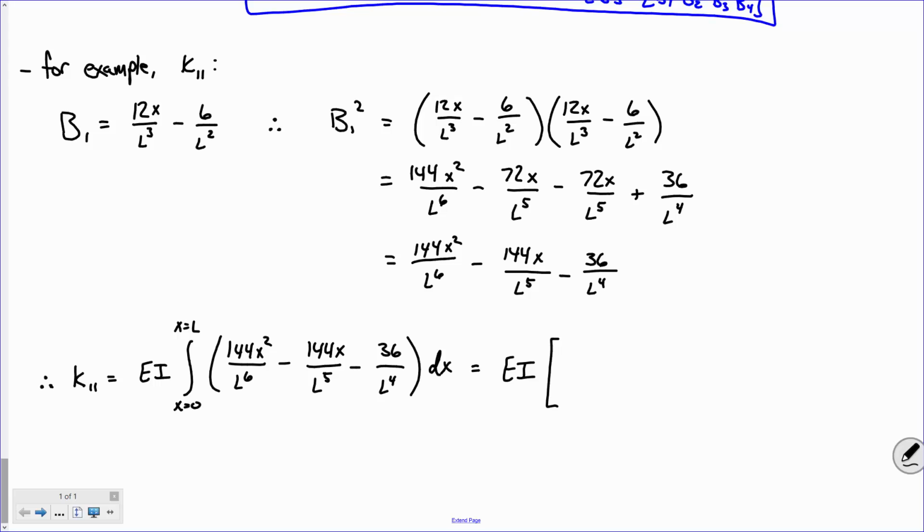All right. 144 divided by 3. I don't think that goes in evenly, does it? No, yeah, it does. 144 divided by 3, that's 48. So 48 x cubed over L to the 6, right? Minus 144, that's x squared over 2, that's 72 x squared over L to the 5th, minus 36x over L to the 4th. And that is from x equals 0 to x equals L. Is that right? I didn't screw anything up there, did I?